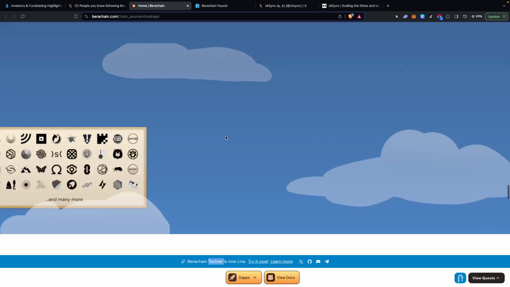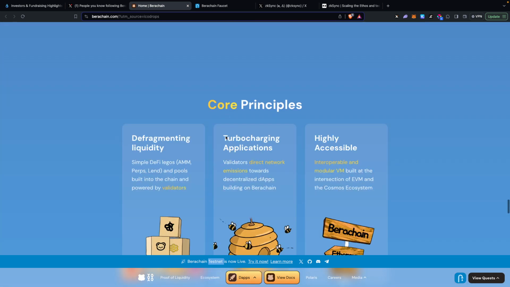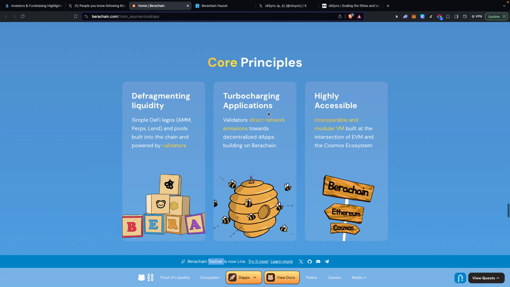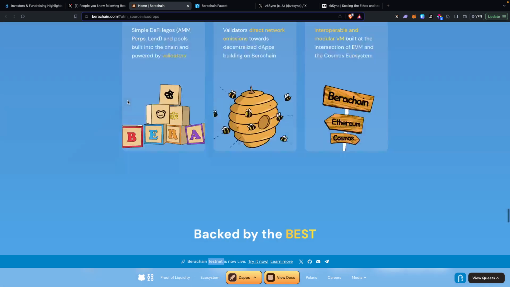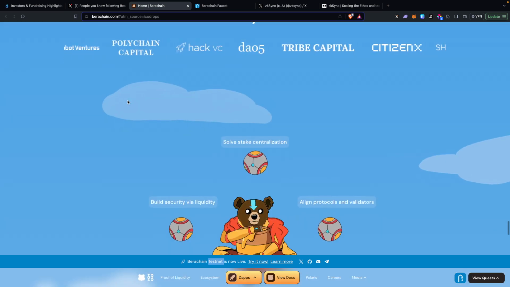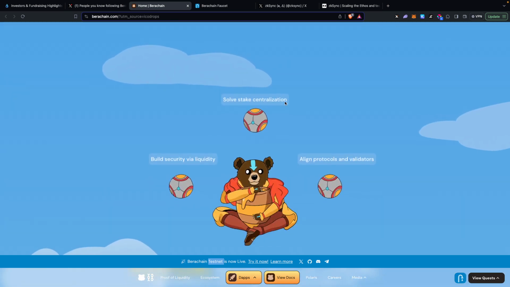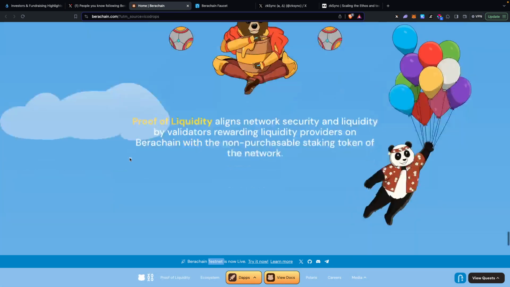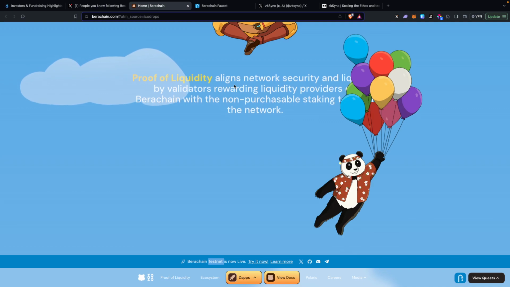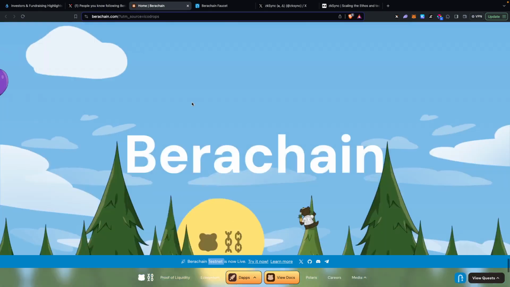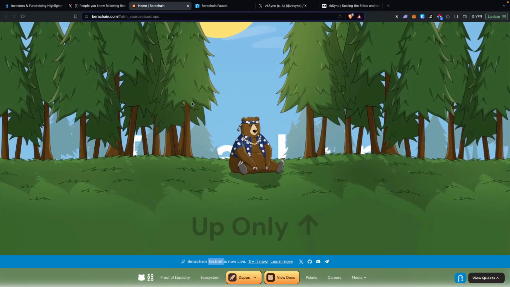This is what you can do on their chain, and then core principles: highly accessible, turbocharging applications, defragmenting liquidity. So they just give you a clear clue. Solve stake centralization, align protocols and validators, build security via liquidity. Proof of liquidity alignment. So you can just read here to get a clue of what the project is about.